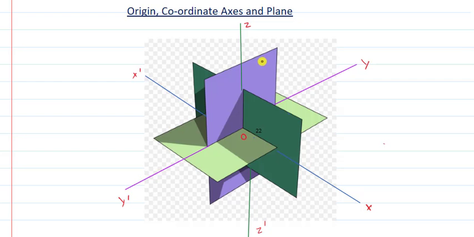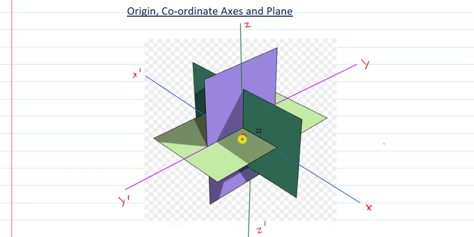First of all, let me discuss origin, coordinate axis and plane. Look at this figure. You know that XOX', YOY', ZOZ' are three mutually perpendicular lines which intersect each other at O. All these three are perpendicular to each other.